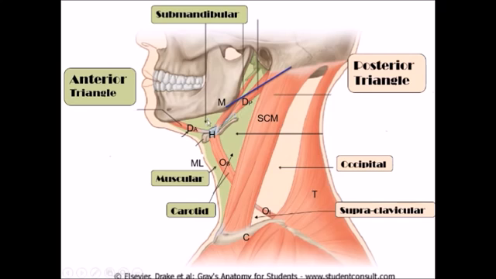So this is also called the digastric triangle because it has two boundaries out of the three formed by the digastric. It is also called a submandibular triangle because it is below the mandible, and one of the important contents is the submandibular gland. What are the other contents? Here we have a very important artery, one of the most tortuous arteries, which supplies the face.